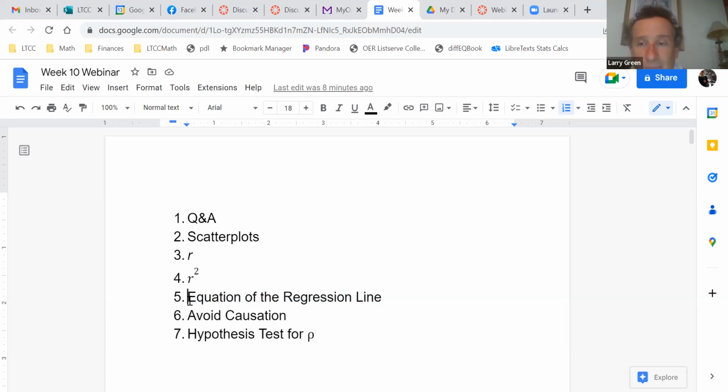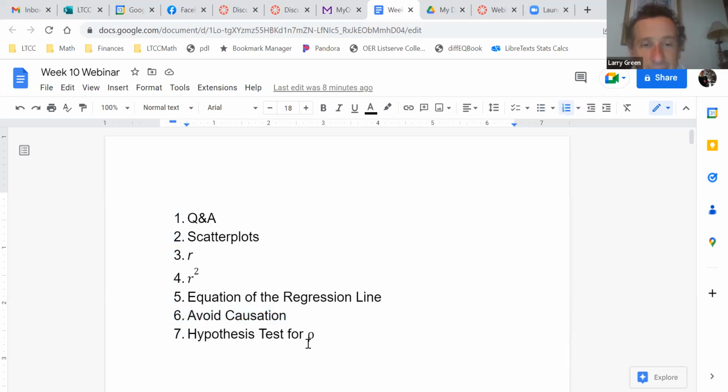Each of them. And then I can't say this often enough, avoid causation. That's pretty much for this entire course, but regression analysis is where people really make that mistake. So never ever have any verbiage that even hints about causation in this chapter. That's just a big no-no.